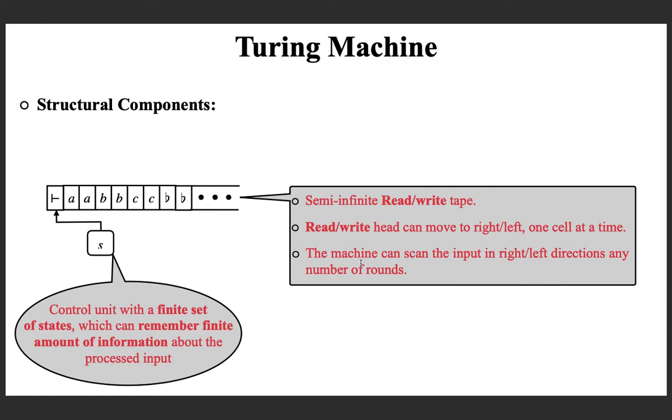Also remember that in the case of linear bounded automata, right movement was not allowed from the rightmost symbol, and the only structural difference in the case of a Turing machine is that here there is no right bound. The right side is open. You can go to the right without any bound on the number of cells that you are allowed to use.